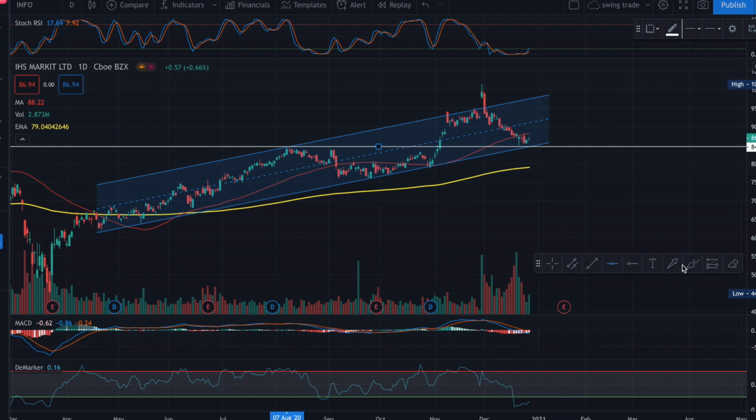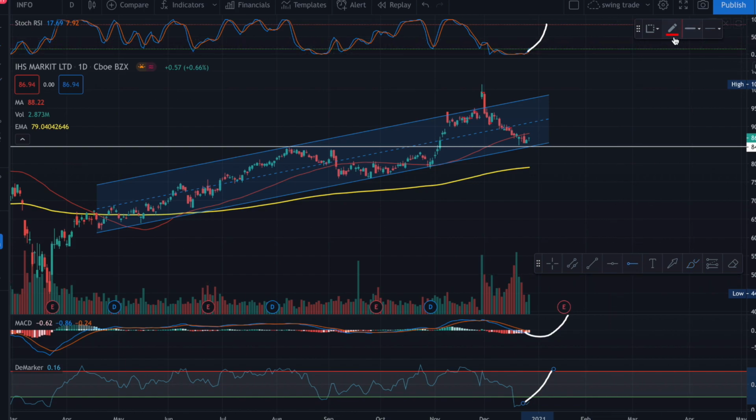MACD and stochastic RSI have a very good setup for a reversal. As you can see, MACD should bounce back like this, and the DeMarker indicator, which is pretty close to RSI but I found it more accurate, is pretty oversold again. It's looking for a bounce back.